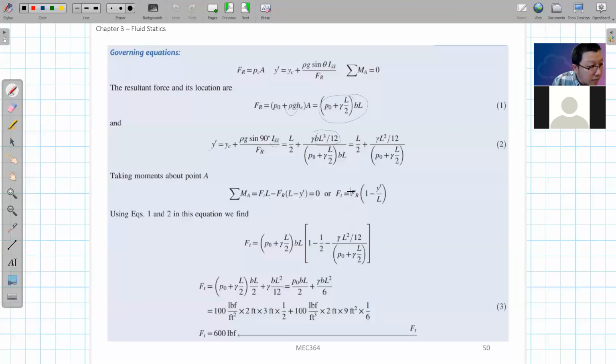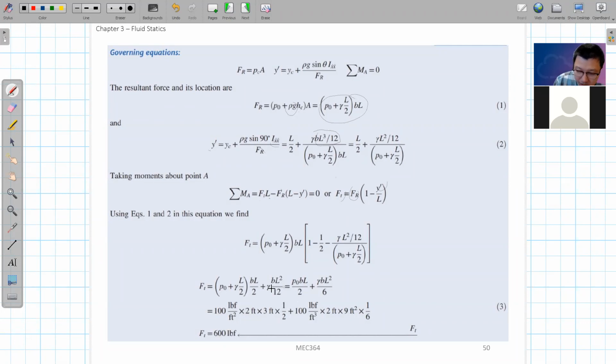By doing this moment balance, we can quickly calculate this F_T value, substituting the F_R and Y prime correlations from these two and bringing in all the numbers. You can calculate the final result, which is 600 pound force.